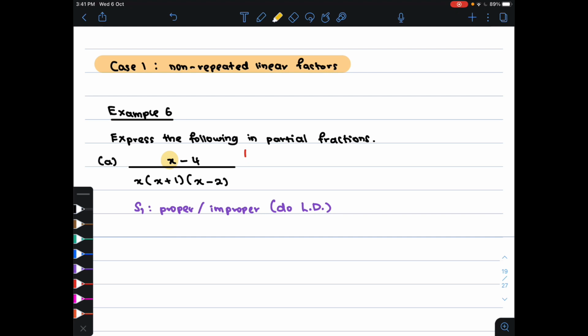The easiest way is to look at x times x times x, which gives x cubed. Therefore, the degree is 3. The degree in the denominator is bigger than the degree in the numerator, so this is a proper partial fraction. Straightforward, you can go to step 2.